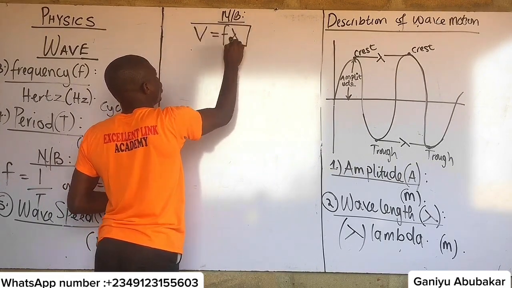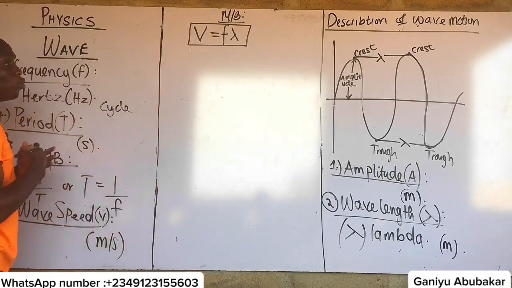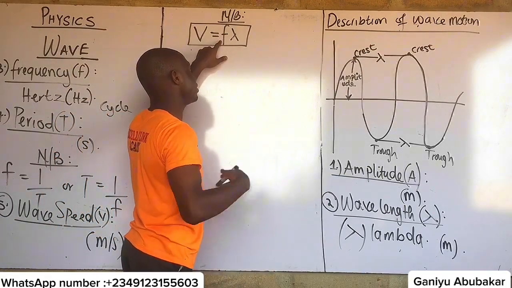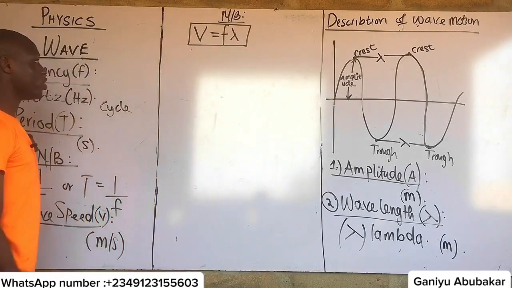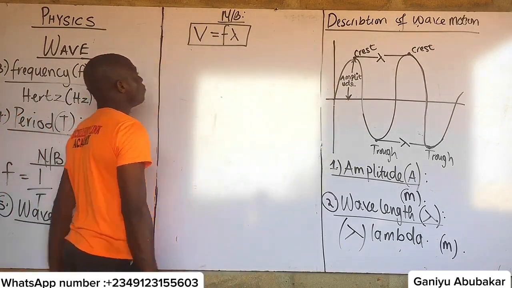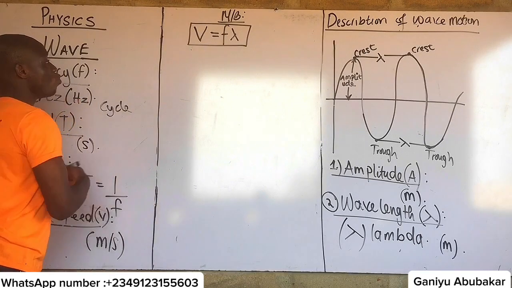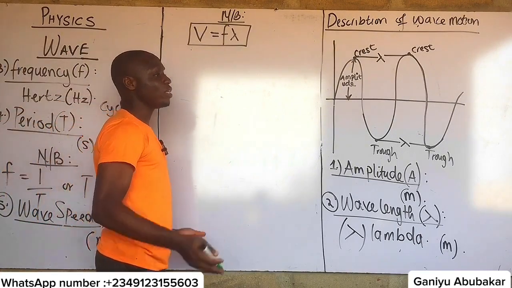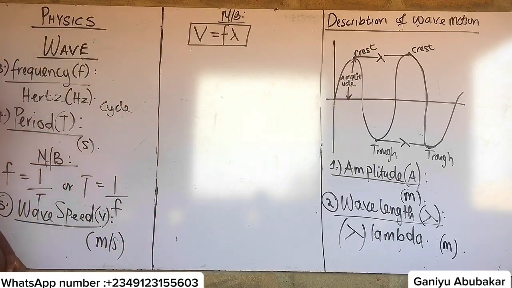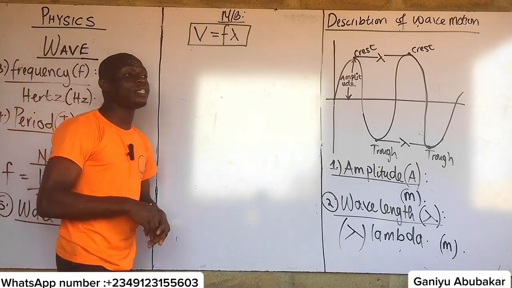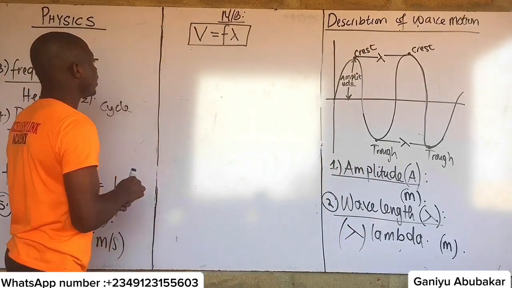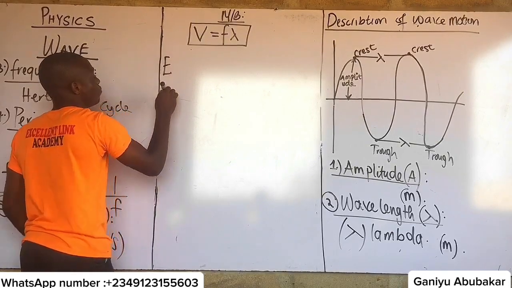This is a very important equation when describing wave motion: the wave speed is equal to the product of the frequency and the wavelength. V is wave speed, F is frequency, and lambda is wavelength. Let's discuss one last thing before we start solving several past questions based on JAMB, WAEC, and what have you: the equation of a wave.